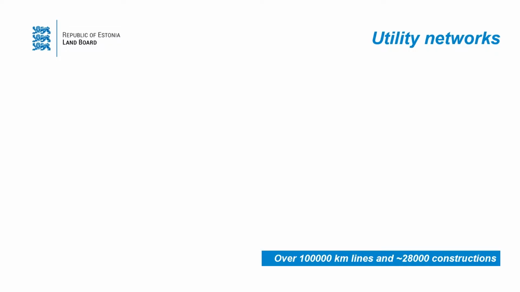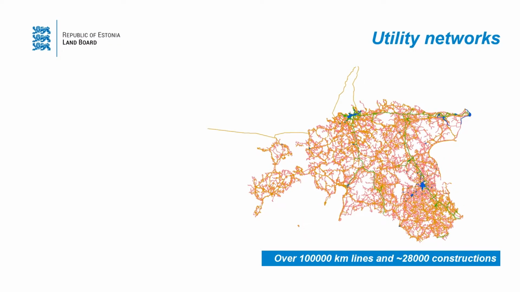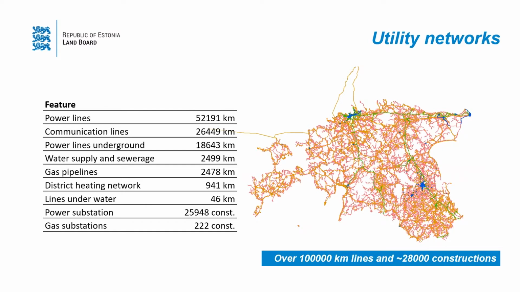Okay, it's just an example of how big a part utility networks are in the restriction information system. It happened that all these utility networks should be in the building register, but they were not able to collect all this data because they have a very strong policy to get very accurate data.